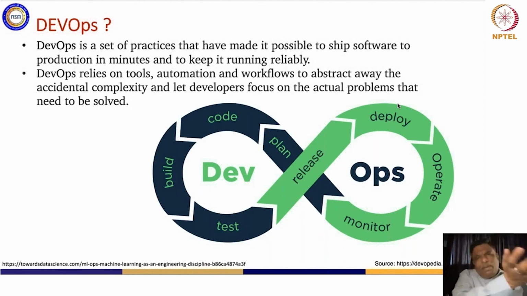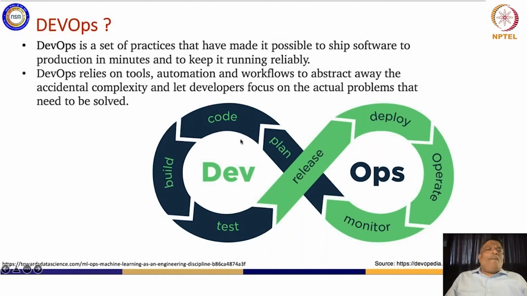One is the development of your software and another one is the operation of what you are going to maintain. So there are two different aspects, development and operations. When you mix both of them, it becomes DevOps. If you develop a software, once you develop it, it has to be operational, right? And that is what DevOps is.